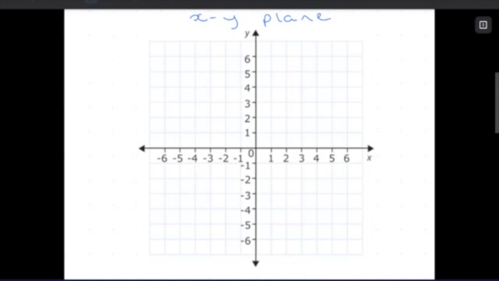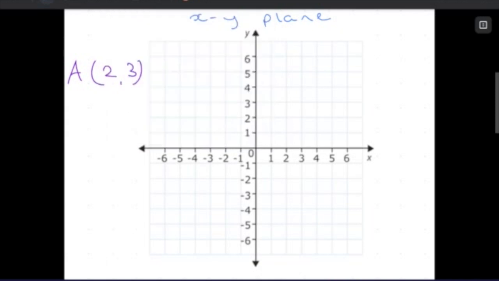Now we are going to be looking at plotting coordinates. When I say the word plot, I don't mean plot as in the plot of a movie. Plotting just means putting a point on a graph in a mathematical context. So we are going to plot certain points. I'm going to give you that the point A is the point (2, 3).